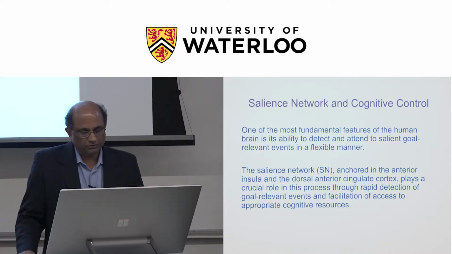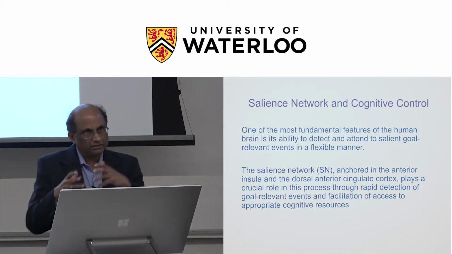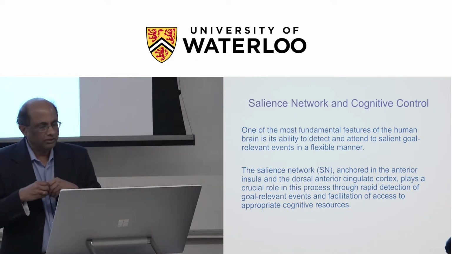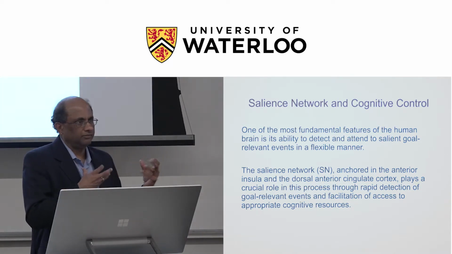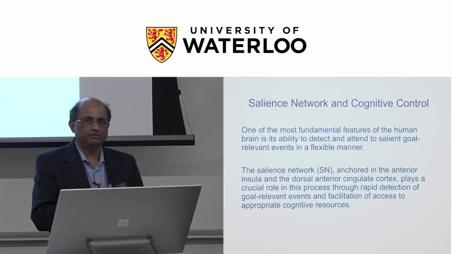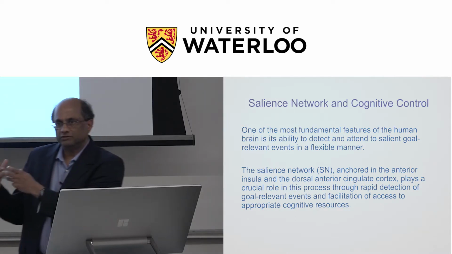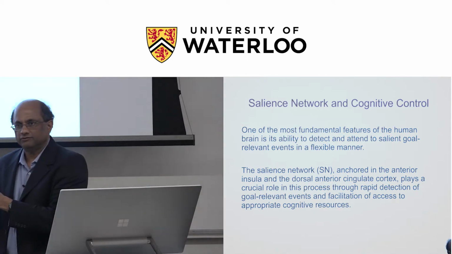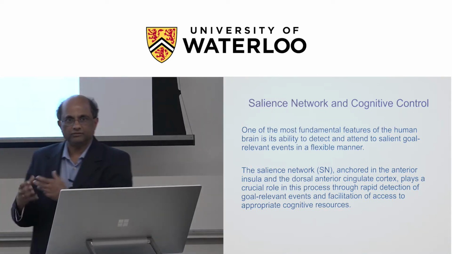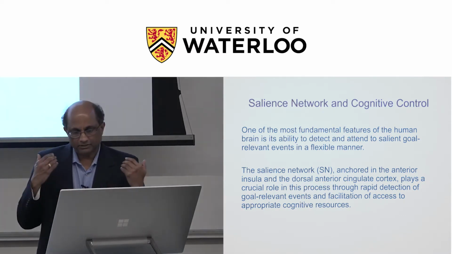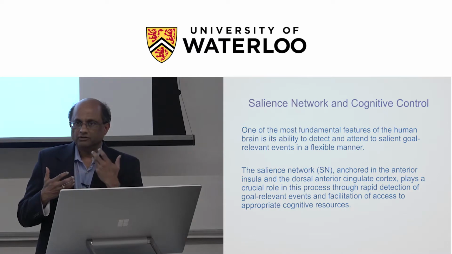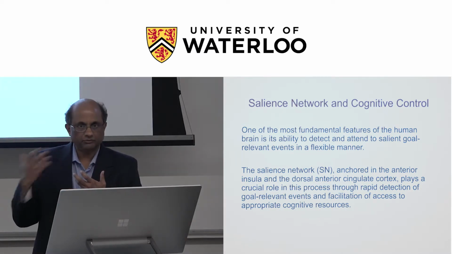And one of the interesting points about the architecture of this system is that through the links between the anterior insula, which is more sensitive to the stimulus contingencies, and the dorsal anterior cingulate, which is more sensitive to motoric and efference contingencies, you have a system that can play a tight link between stimulus detection and response processing.